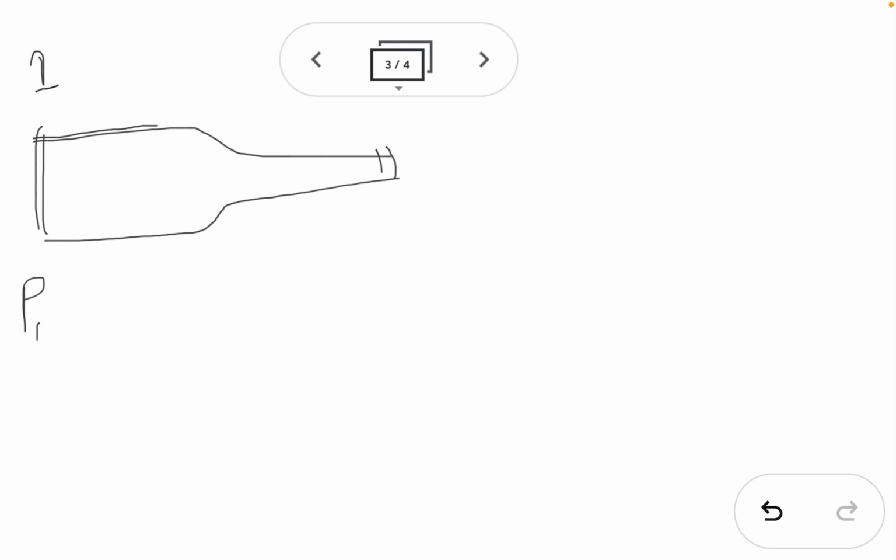Let's assume this is our point 1. The left end is point 1, and the right end of this tube is point 2.